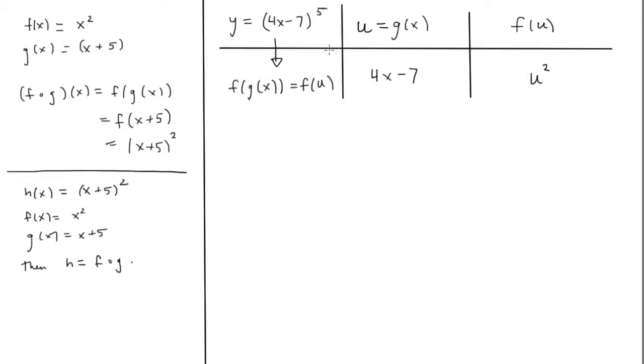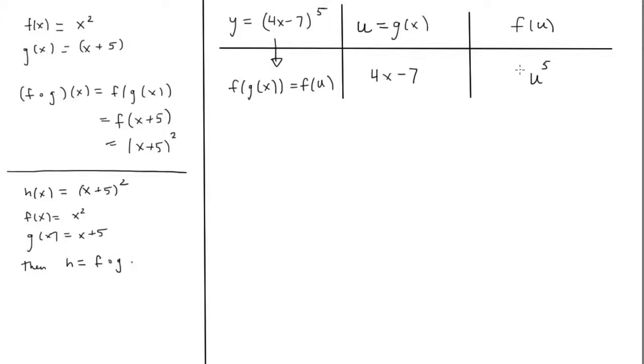So I wanted to decompose this into two functions that get composed together, just like over here, to give me the function that I started with. So this u function is kind of like the insides, and, oh, that should be u to the 5th, not u squared, sorry. It was u squared a minute ago. And then what happens to this parentheses group is it gets raised to the 5th, so my outside function is going to be u to the 5th.